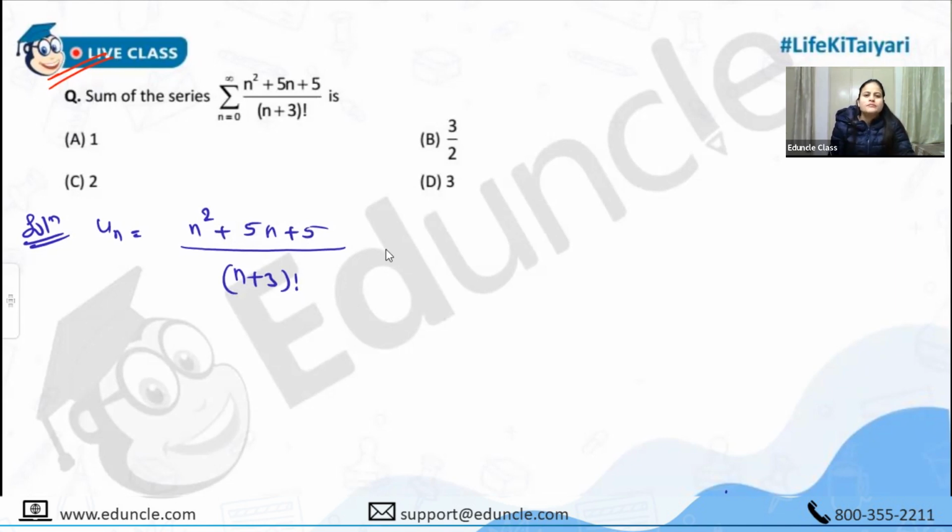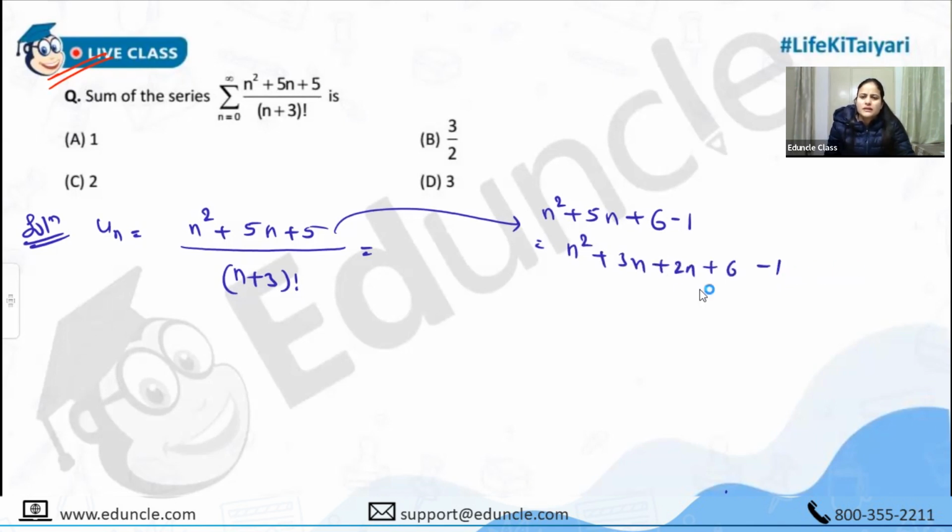So look at the numerator only. The numerator is n square plus 5n plus 5. Instead of 5, I can write 6 minus 1, because 6 has factors. So I can write here n square plus 3n plus 2n plus 6 and take the minus 1 aside.